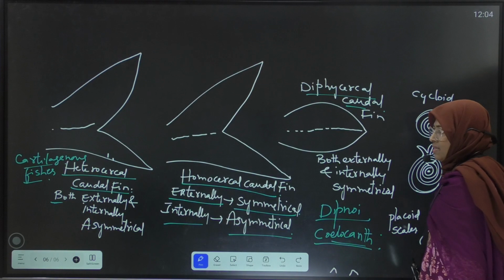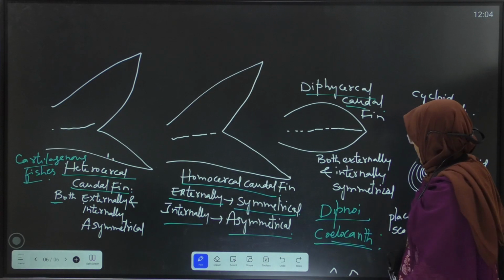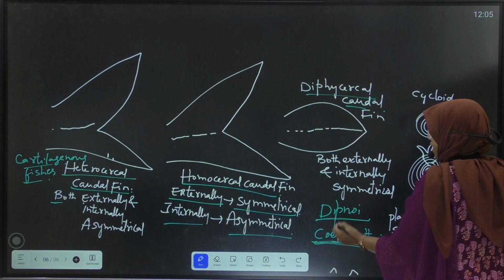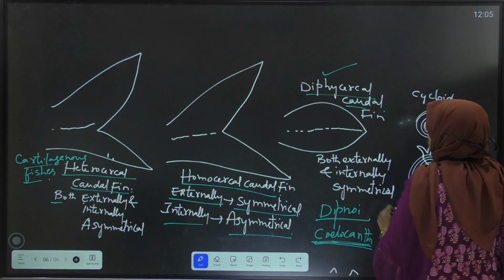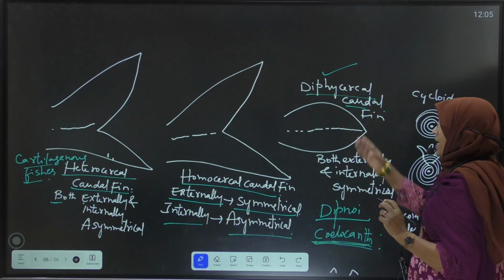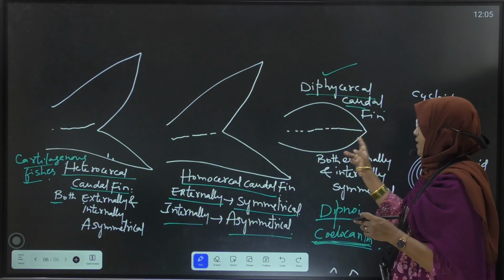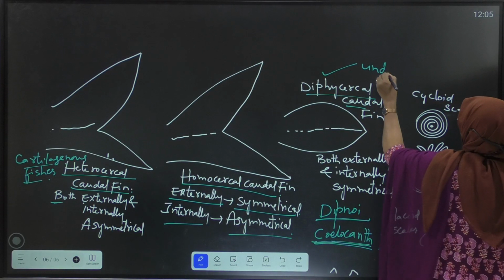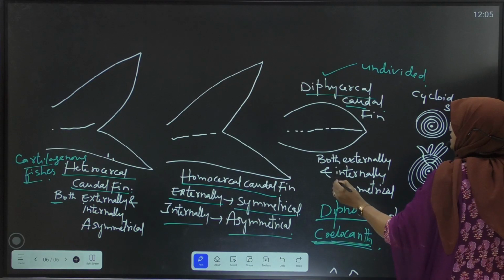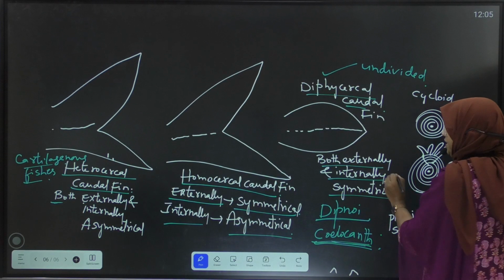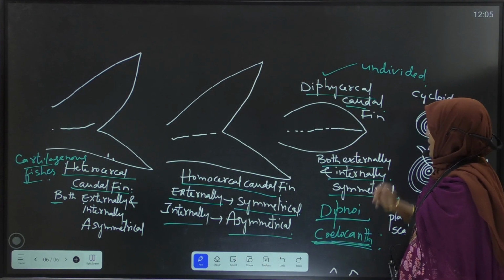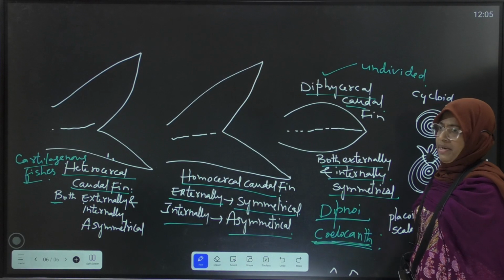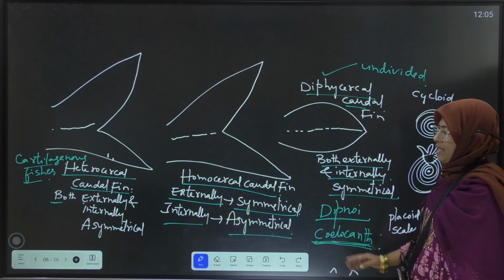Diphycercal caudal fin means the caudal fin is undivided, both externally and internally symmetrical. Example: dipnoi fishes, Latimeria or coelacanth fish.